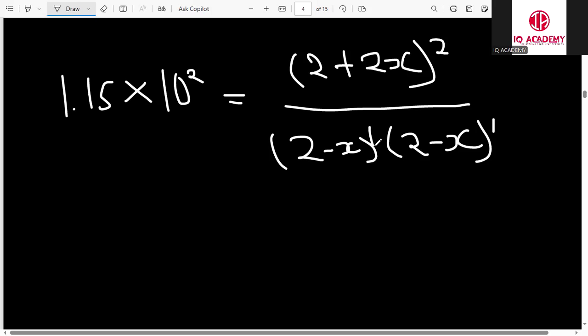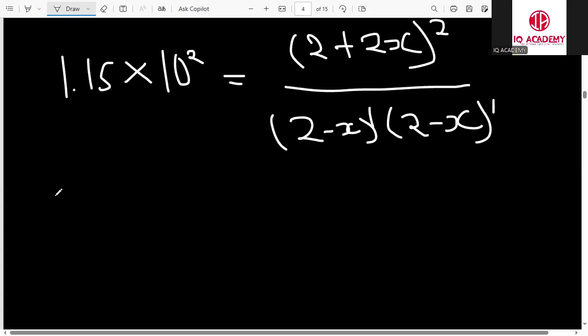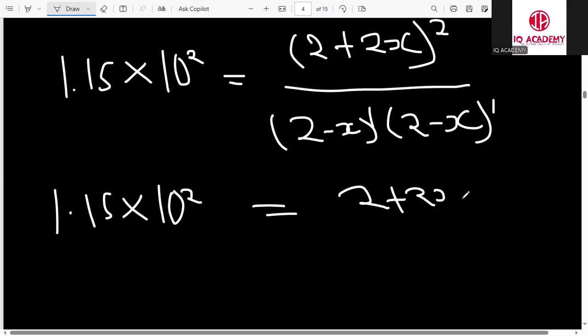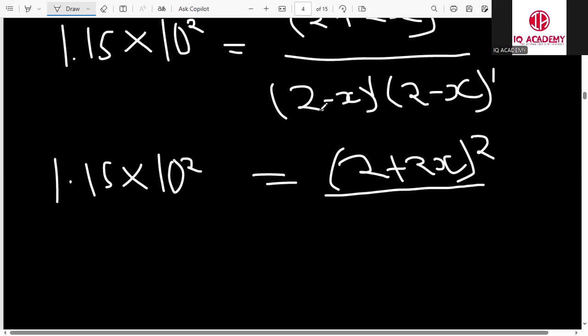Okay, so you end up with that equation there, which you can turn into a quadratic equation. So here we see that we have 1.15 multiplied by 10 to the power 2 is equal to 2 plus 2x to the power 2 divided by, okay, these things here are the same, you can see.